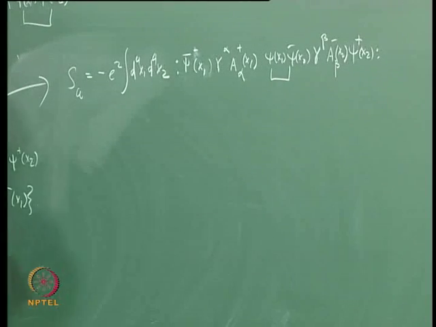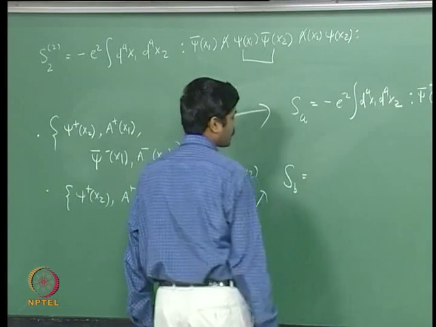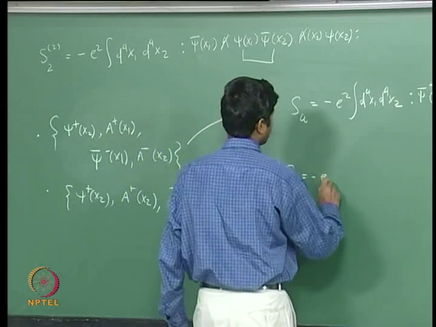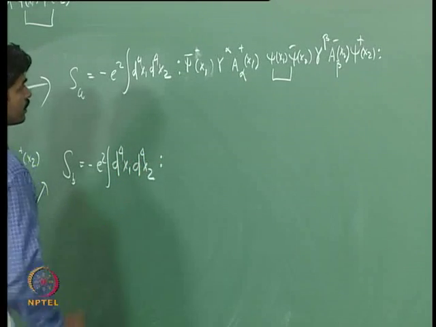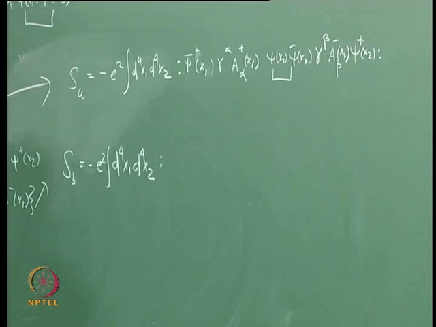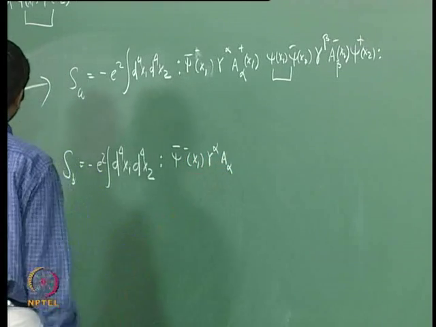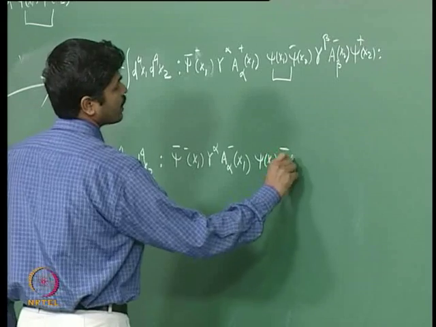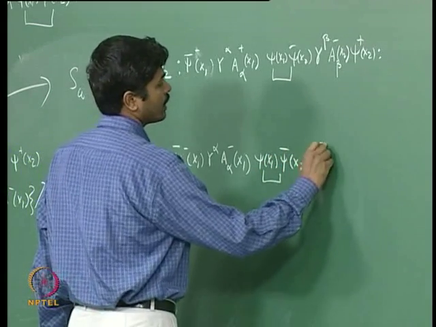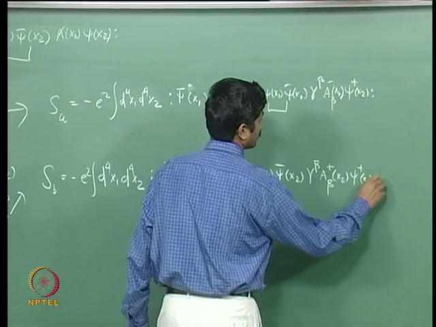Whereas, when this other set of fields is there, I will call this SB, which is minus e squared, the integral d4x1 d4x2 of the normal ordered product of psi bar minus of x1, gamma alpha A alpha minus of x1, psi of x1, psi bar of x2 contracted, gamma beta A beta plus of x2, psi plus of x2.